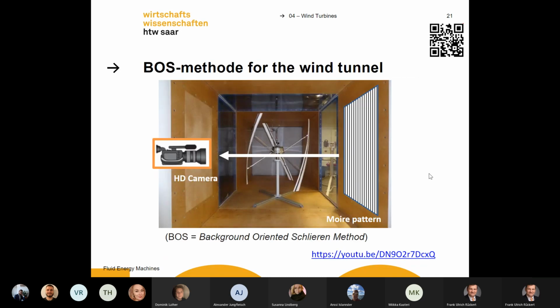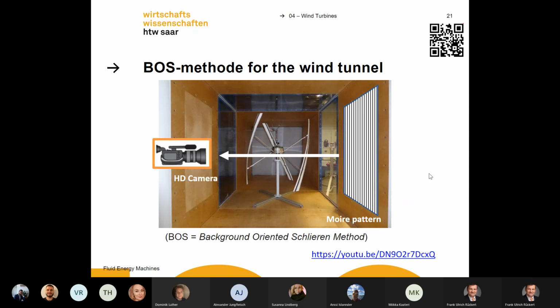Then we have another interesting experiment, the so-called BOS. It's the background-oriented Schlieren method, and we use this BOS method for the visualization of turbulence. If you just look at the windmill, it's not possible to see the fluid flow.